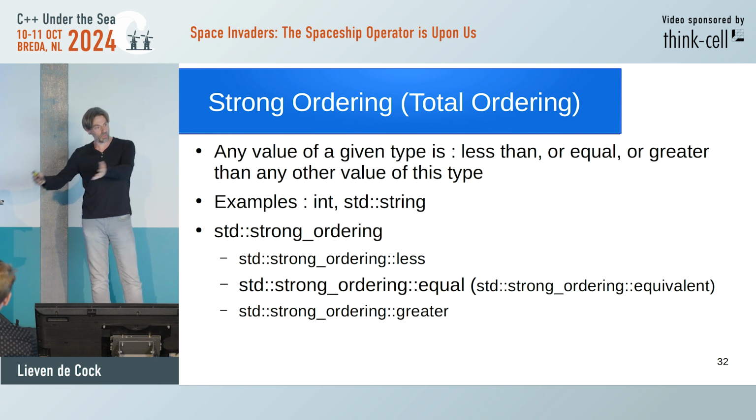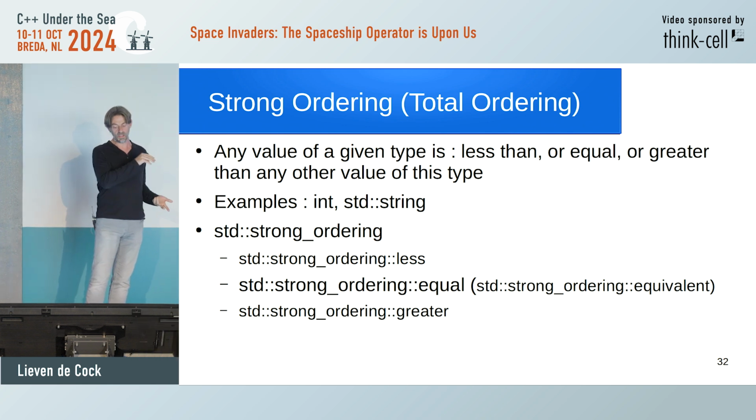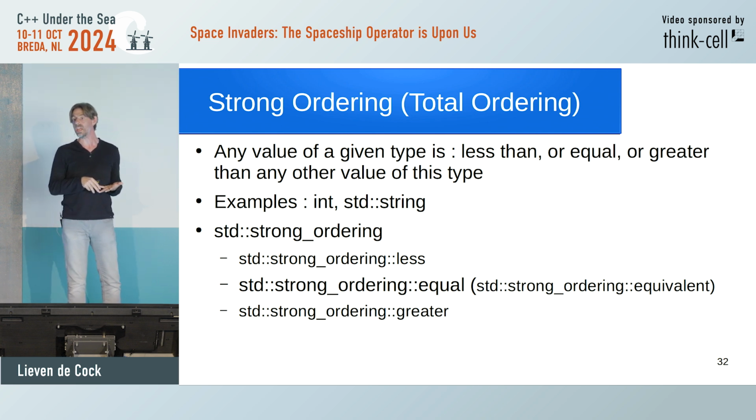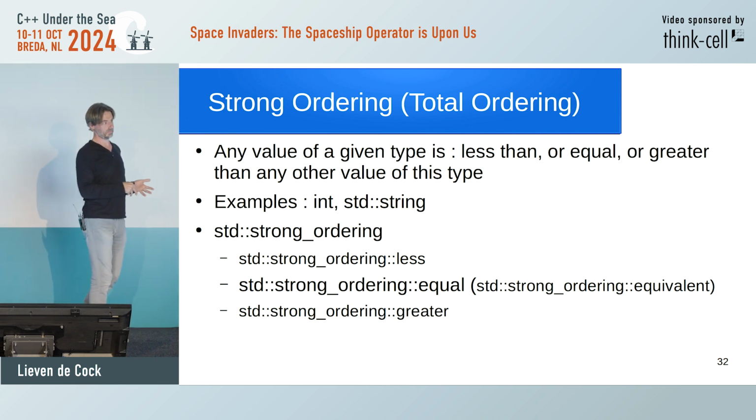Of course, the spaceship operator was not needed because strings could already be sorted, but if you think of a type like that, it's either the enumeration value strong ordering less, strong ordering equal, which in this enumeration has the same value as strong ordering equivalent, or strong ordering greater.